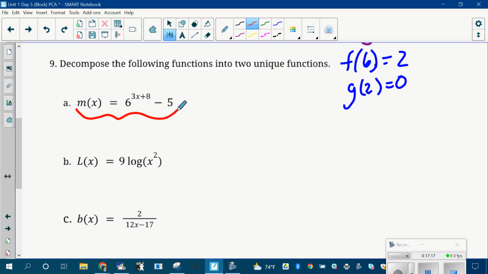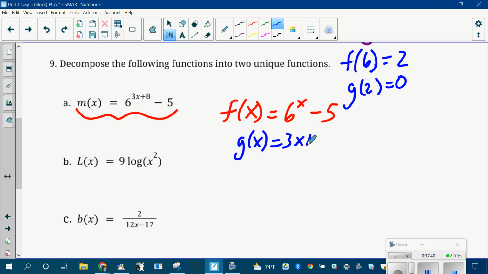It kind of looks like the outer function, the big function, is, well, it's like 6 to some power minus 5. That's what I think about. It kind of looks like 6 to the x minus 5, only the inner thing, the x, isn't just an x, it's a 3x plus 8. So it kind of looks like someone took 6 to the x minus 5 and stuck 3x plus 8 in the place of the x.